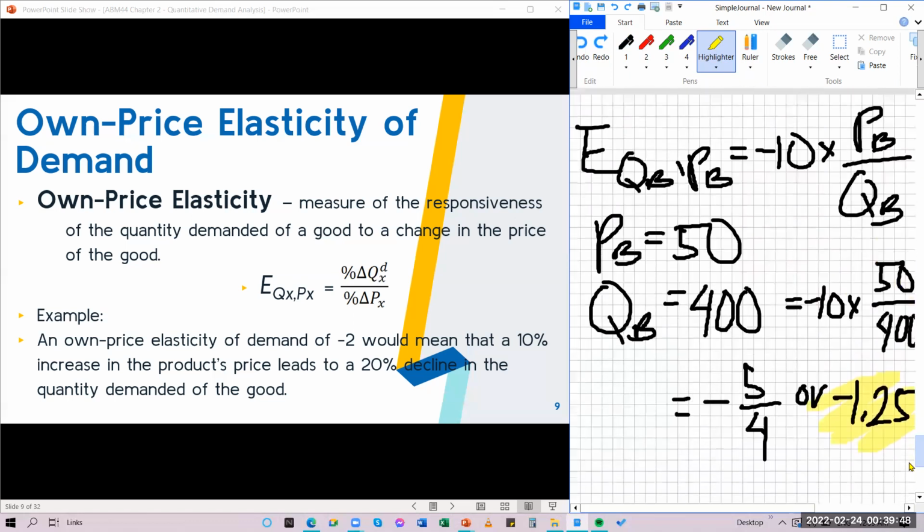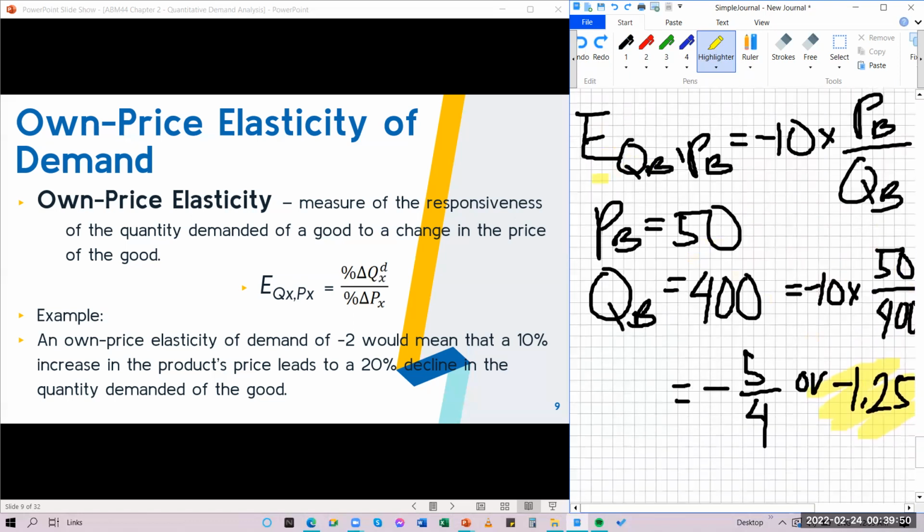So we will be using this formula, elasticity equals negative 10 multiplied by the price and multiplied by quantity of beer. So 50 over 400, we have a negative 1.25. So how would we interpret this one?